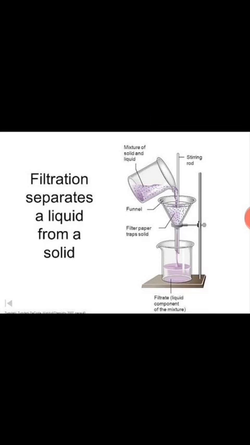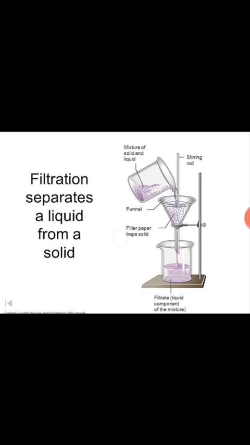What do we do? We get a funnel. The funnel is suspended on a retort stand. Can you see the retort stand? And inside the funnel, we have a filter paper. Below the funnel, we have another beaker, which is the receiving container.